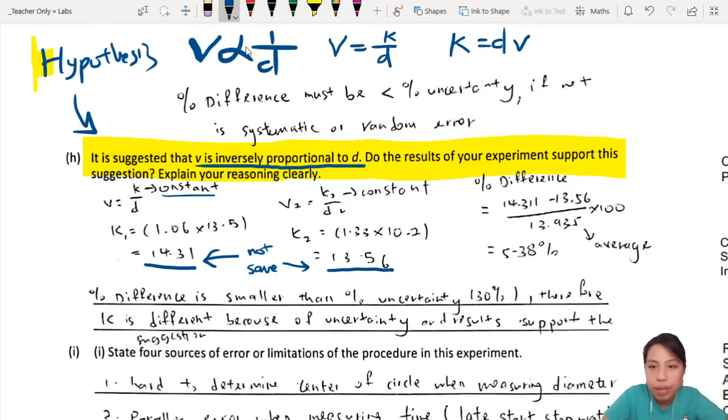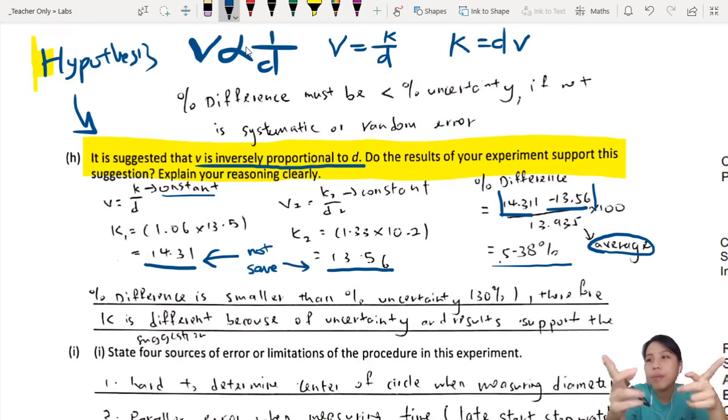Let's see what the student did. First value minus second value, the absolute value, so you take the bigger minus the smaller one, divide by the average. It turns out to be 5.38% difference. That means K1 and K2 differ by 5.38%.